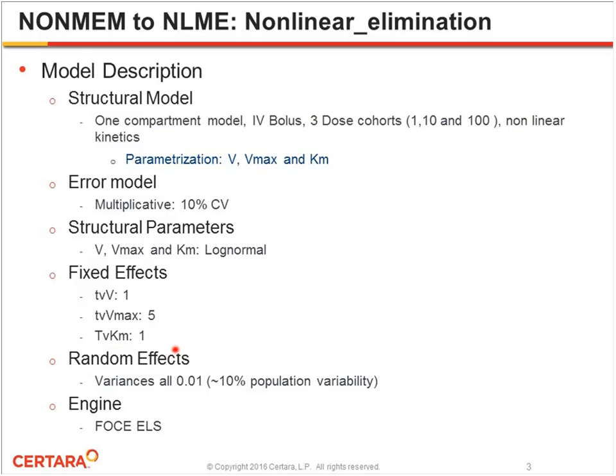For the between subject variabilities, we will set the random effects all to 0.01, which means 10% population variability. As the engine, we are using the FOCE ELS method.